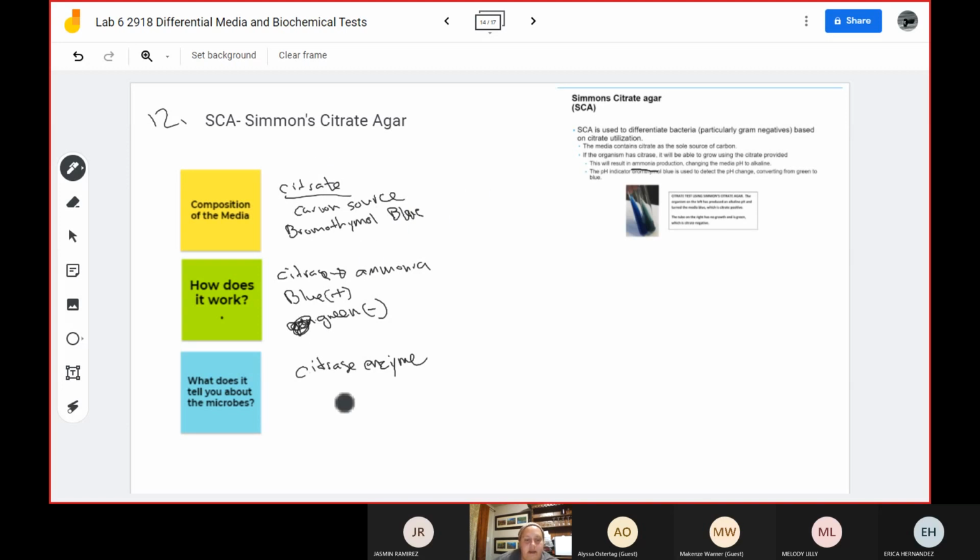Those are two of the things in this agar, and overall it's answering the question of whether or not the bacteria have this citrase enzyme or this pathway for breaking down citrate as a carbon source. So this is also a differential media.